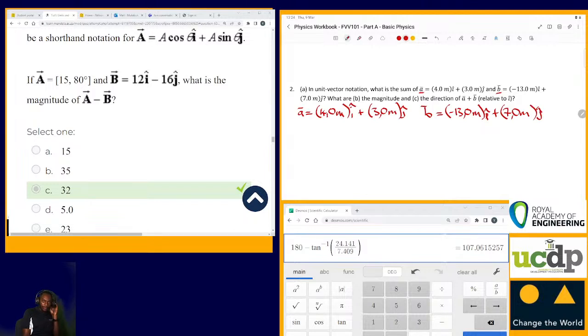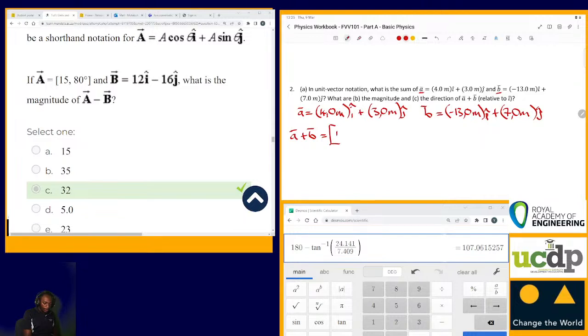And what are we being asked to find? The sum, right? So it's going to be vector A plus vector B equals, sum up the I components.